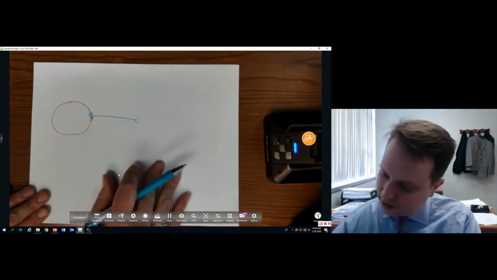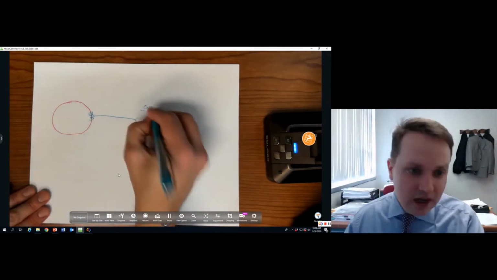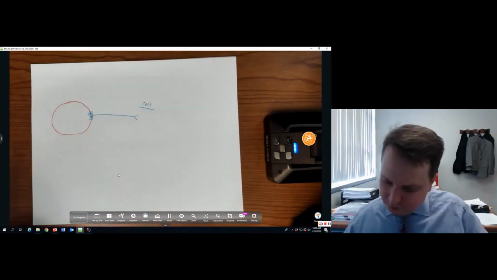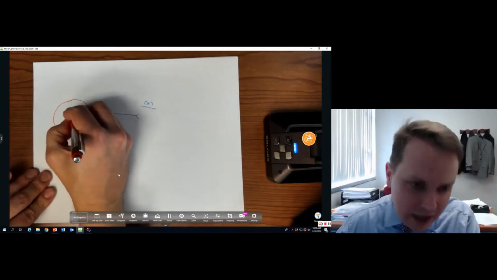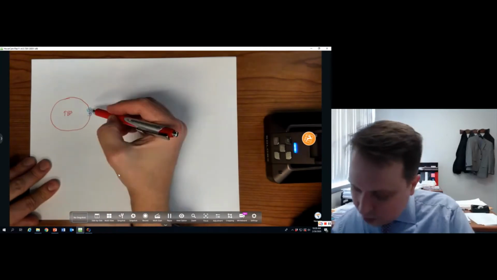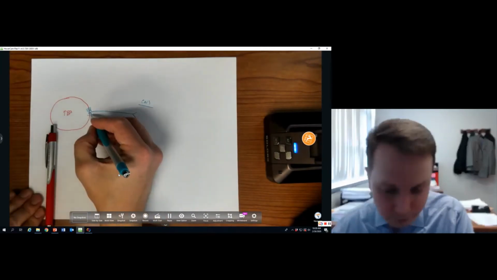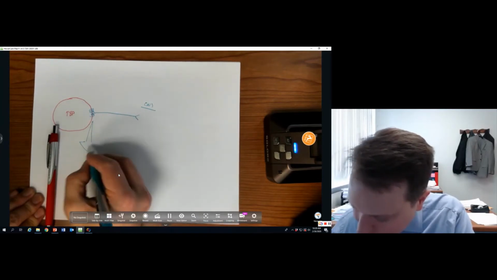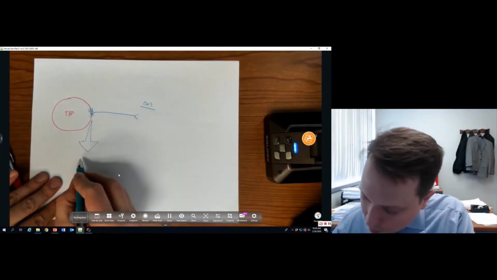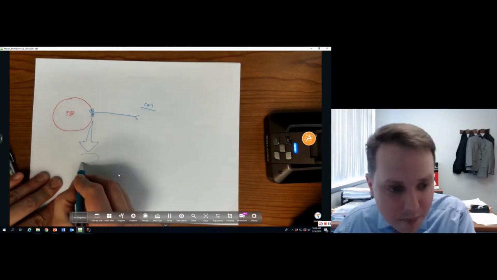Let's say this is the CNS right here. Now, if we had an increase in blood pressure, you're going to take these coils, and if I were to zoom in on them a little bit, you're going to pull them apart.